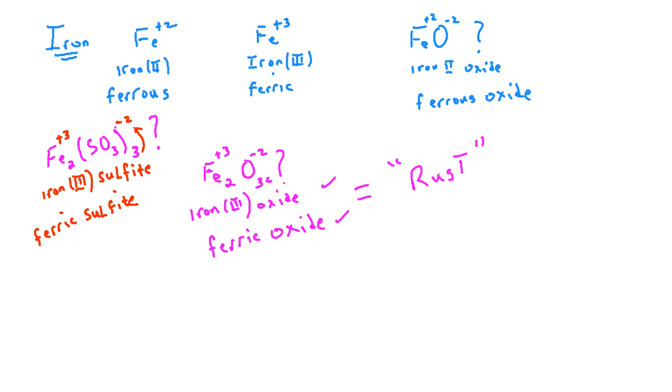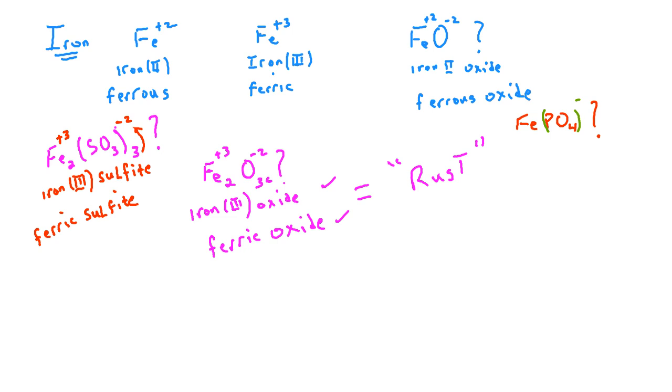And if I gave you FePO4, and I said, what's the name of this? Geez, I don't know. That's hard, right? Well, what I want to do is identify PO4 as the polyatomic phosphate, and it has a -3 charge. That means this iron must have a +3 charge.